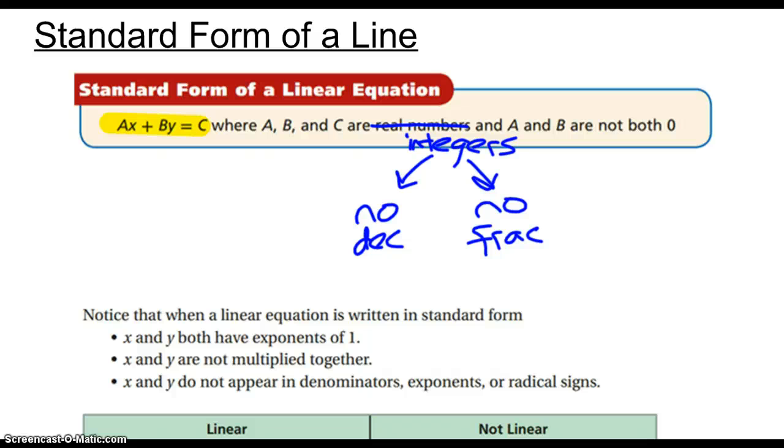The most important reason that they're introducing this to us is because if we have an equation that's in this form, let's just say 2x plus y equals negative 5, I can look at it and say, okay, yes, this is in standard form, and that means I have a linear function. So that's why we have it. Anything that fits into standard form is going to be a linear function.